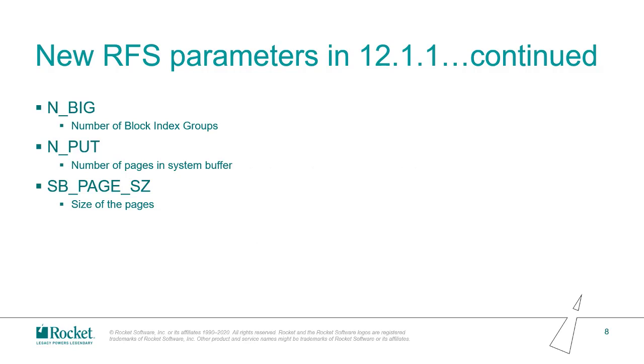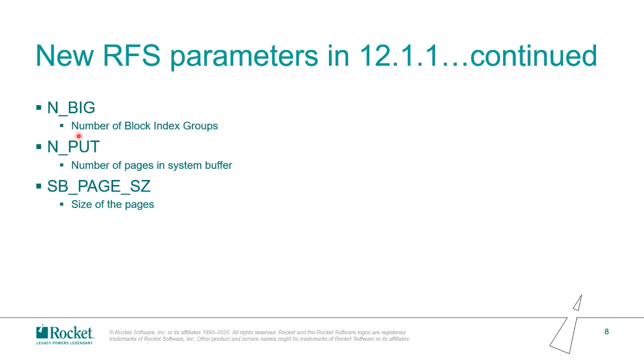There are 3 parameters to control the system buffer pages. The first one is nbig, which defines the total number of block index groups the system has. For this parameter, we can set it to hundreds, thousands, 10,000, or even more to meet your requirement.